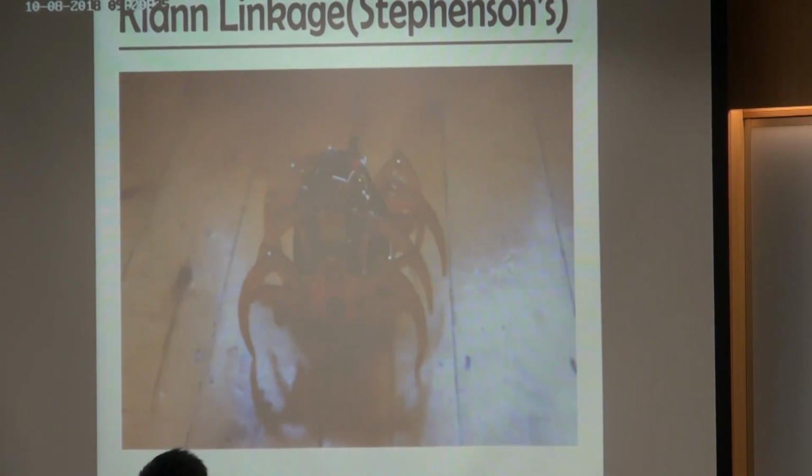But you may wonder why they don't just use wheels instead of this mechanism. Is there any advantage to using this one? I can simply use a wheel if I just want to make this robot move. You can see it's so slow.